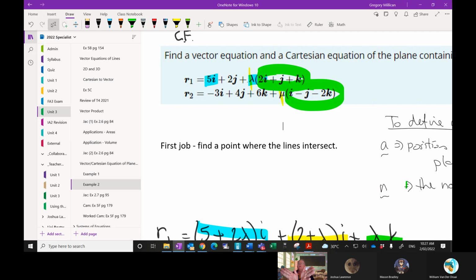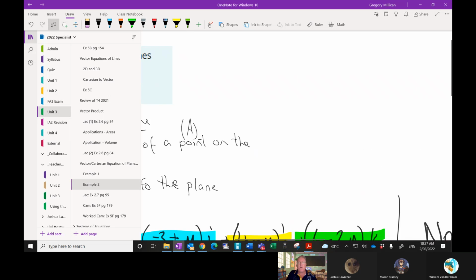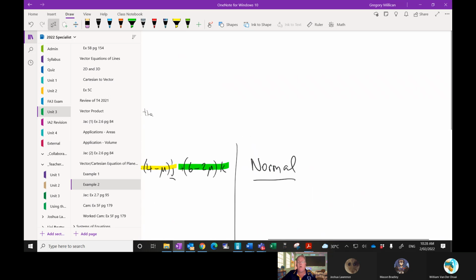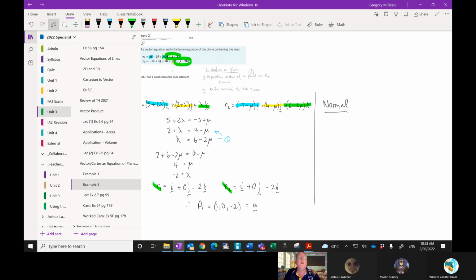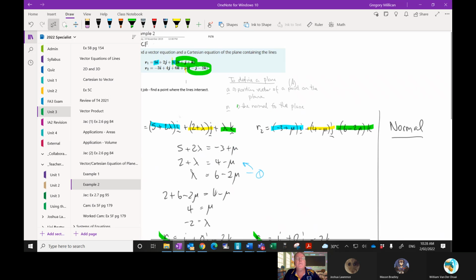So if I want to find the normal to those two lines, the only bits of information I need are the bits that tell me the direction. I don't care where they start, that's irrelevant. I just need to know the direction they're going in so that I can then find the normal. So when I do my cross product, which is what I need to do now, I can't see what the lines are now. So tiny, all right?